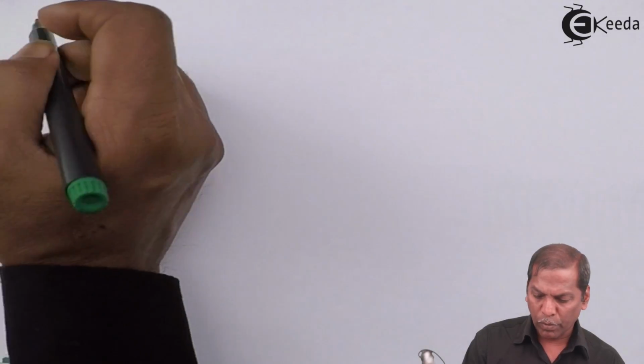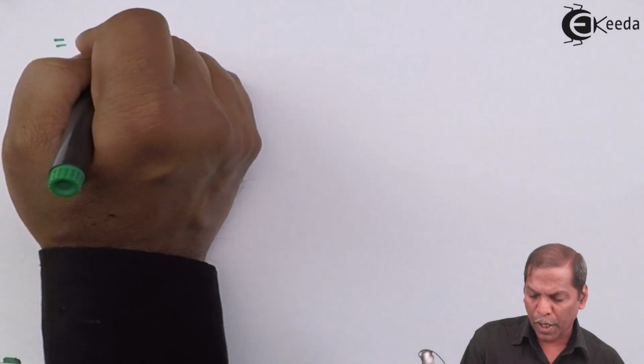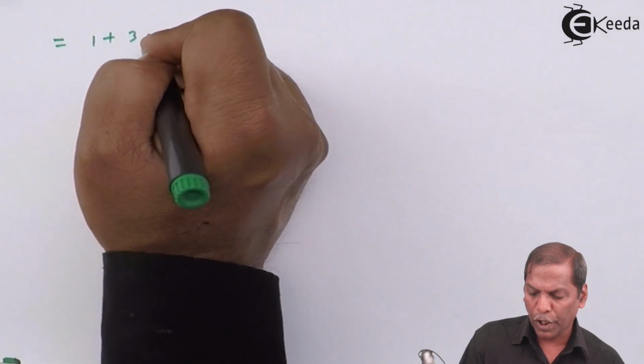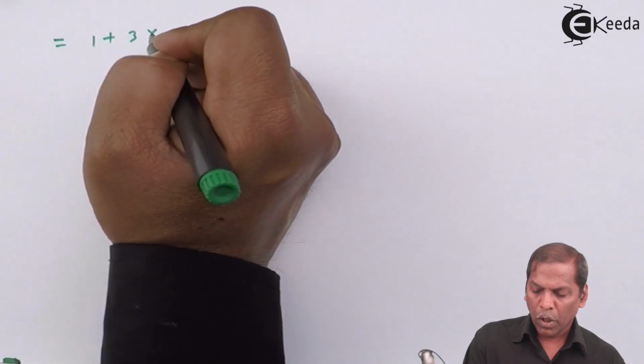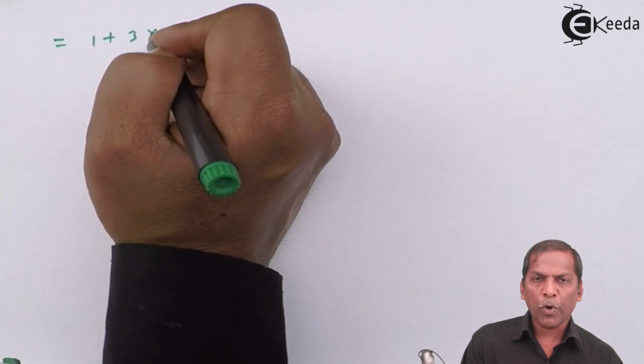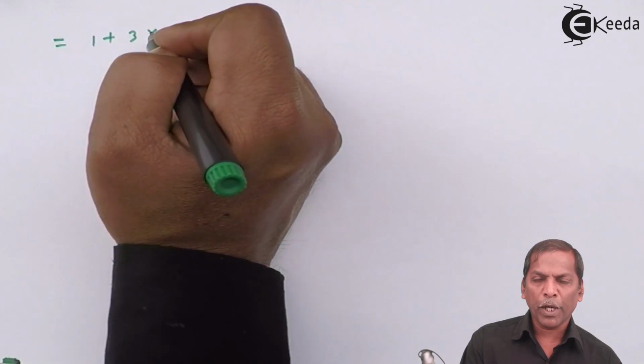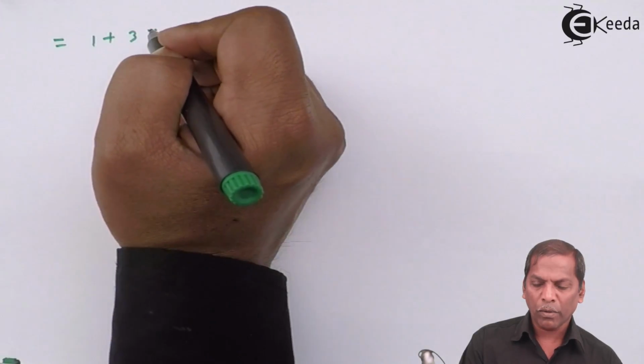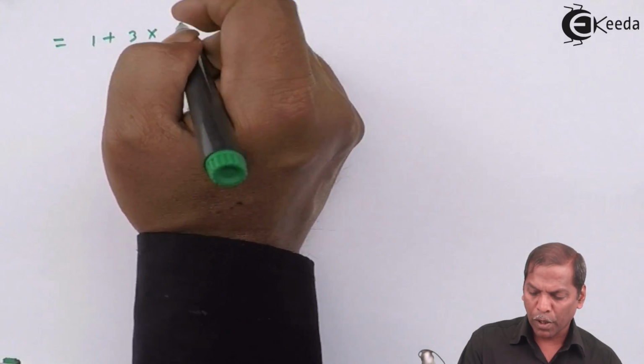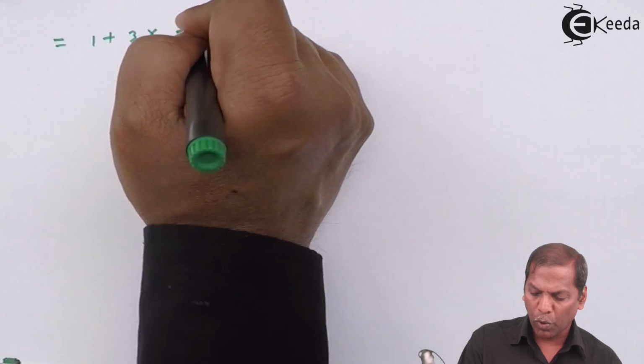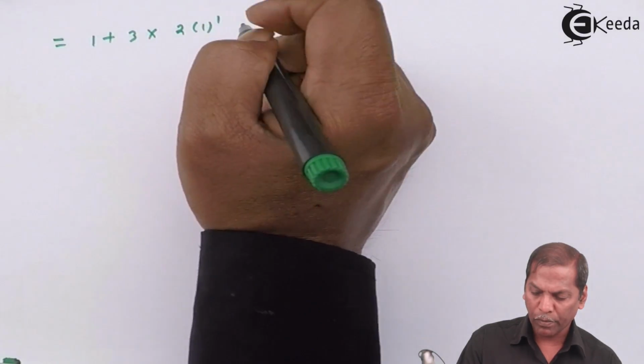So that equals, we write the first as it is, then plus 3 into limit x tends to 1 of (x square minus 1) upon (x minus 1), so that gives the answer 2 into 1 raised 1.